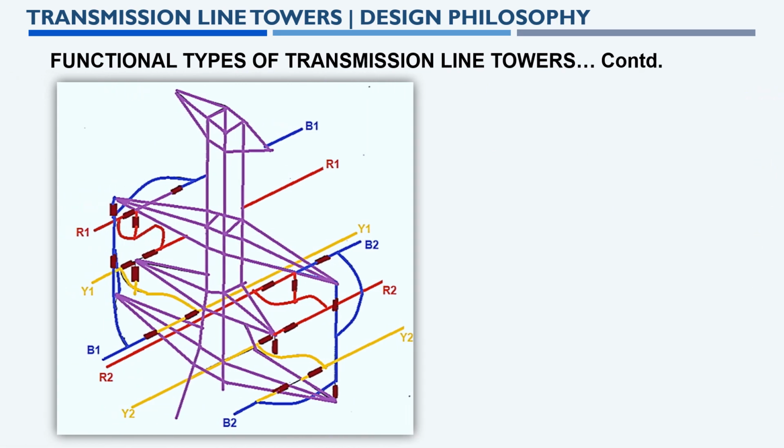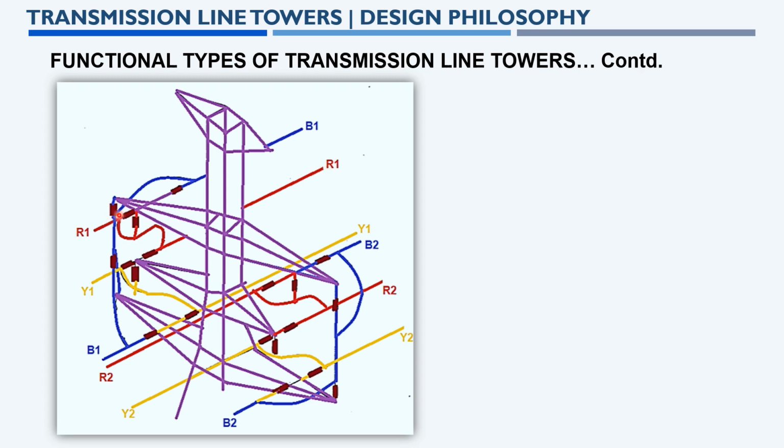So you can see the transposition type of tower. Here, when you consider R1, the red color phase, it is connected on this side in the top arm. With the dropper it goes down and connects to the middle arm and goes out to the other side in the middle arm.